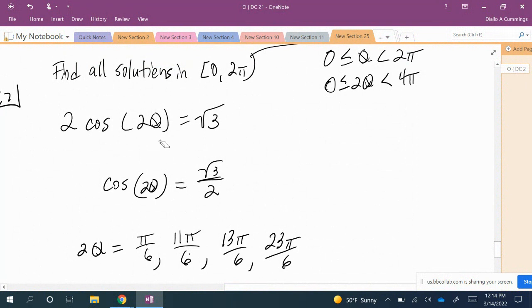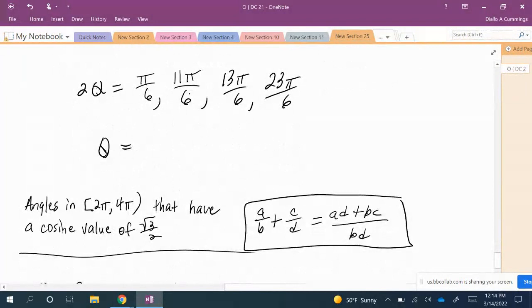This may make some sense in just a second. So what I want to do from this point is divide by 2. We want to take all of these angle measures, pi over 6, 11 pi over 6, 13 pi over 6, 23 pi over 6, and divide by 2.